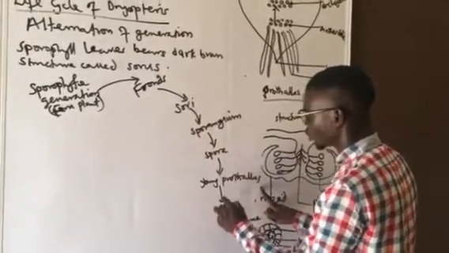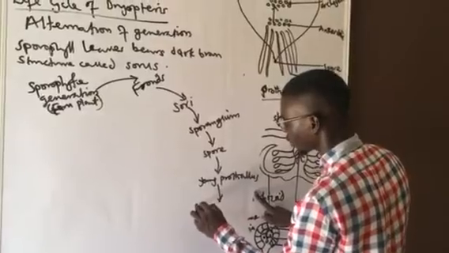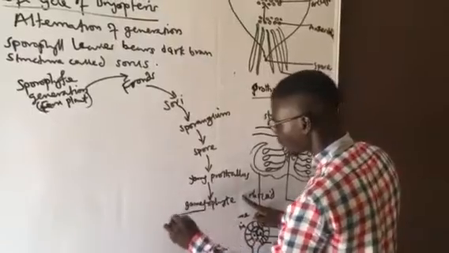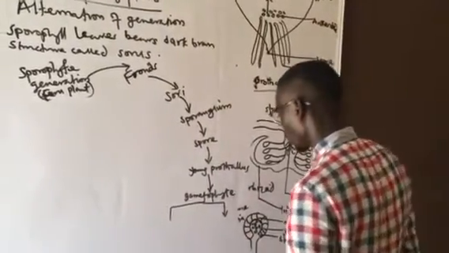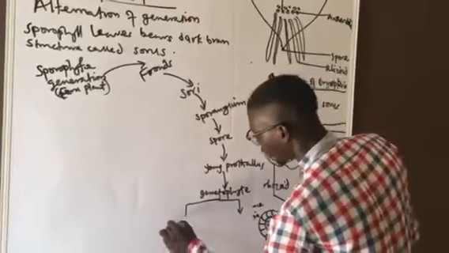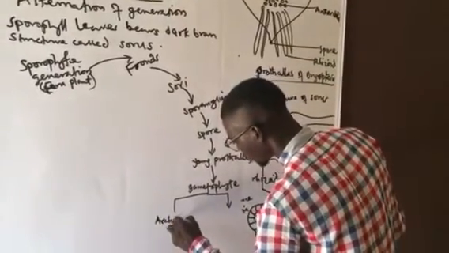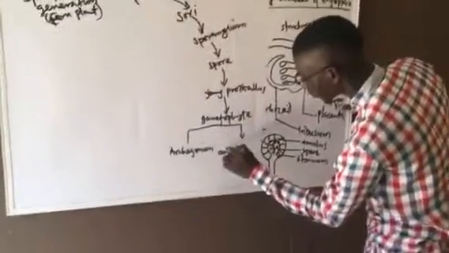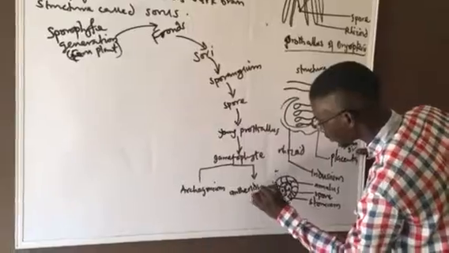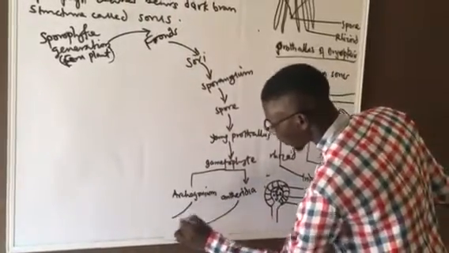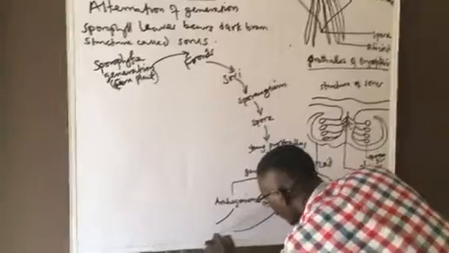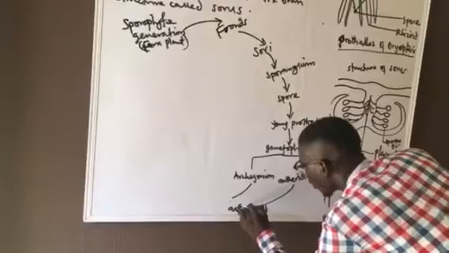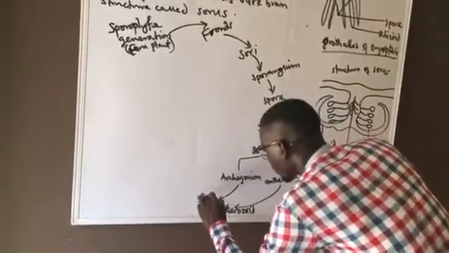This young prothallus will develop into a mature gametophyte. So we have the male and the female: the archegonium and the antheridia. The antheridia will produce the antherozoid, which is the sperm, while the archegonium will produce the egg.